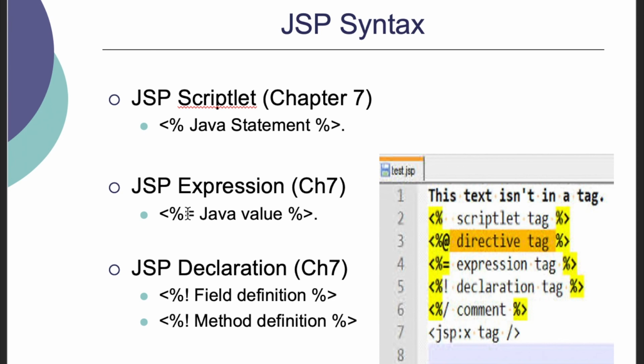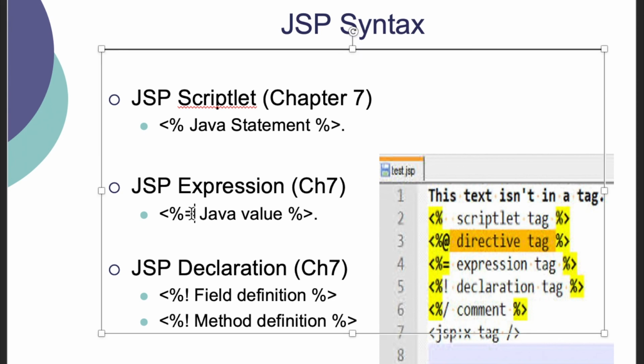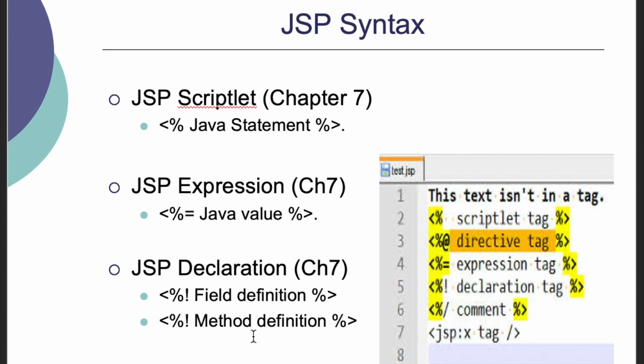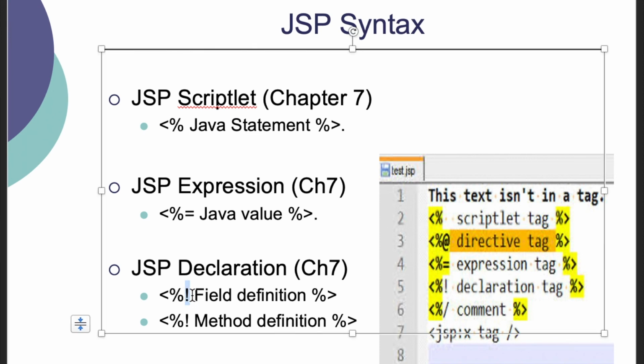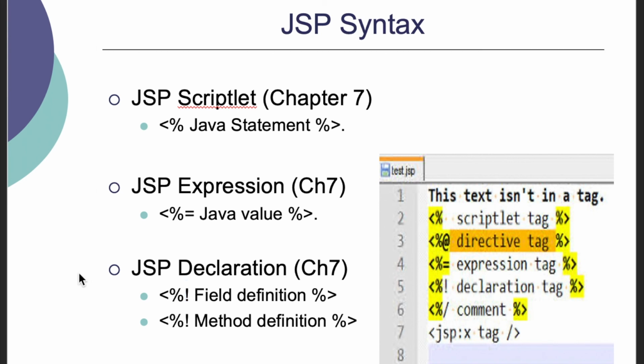In order to identify this as an expression, you need to have an equal sign. Okay, next is JSP declaration. We're also going to cover it in the following chapter. So how to declare? We declare a variable, for example. Okay, you need to have this symbol.